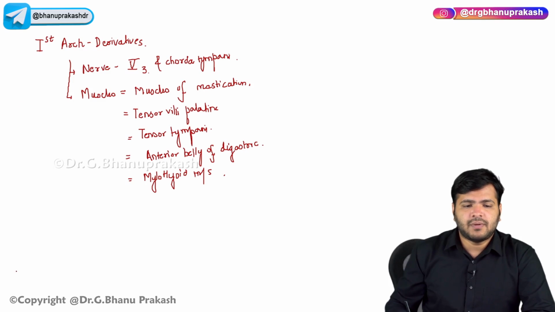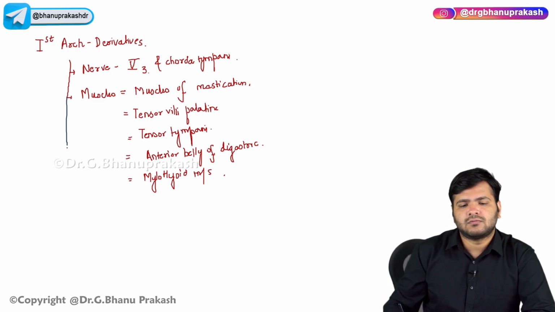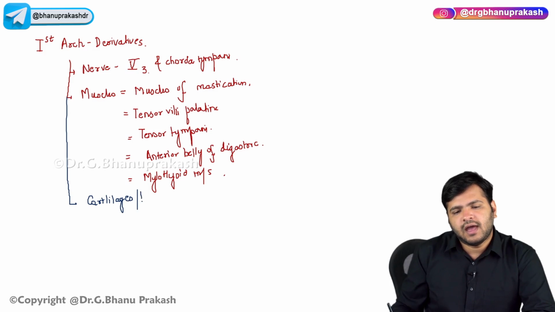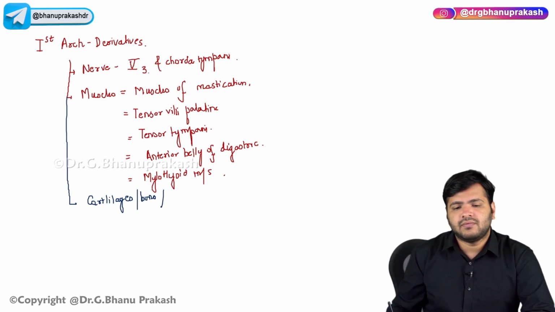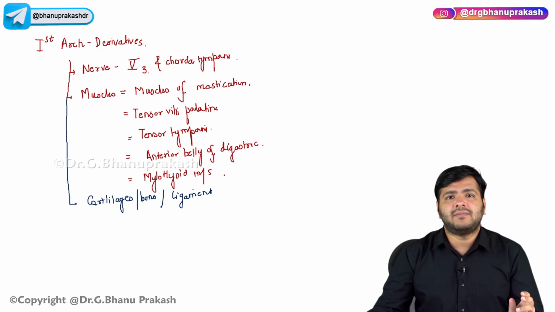Apart from that, if we talk about the cartilages and the bone or the ligaments which are derived from this first arch, you have to remember with the help of a diagram that I will draw for you.